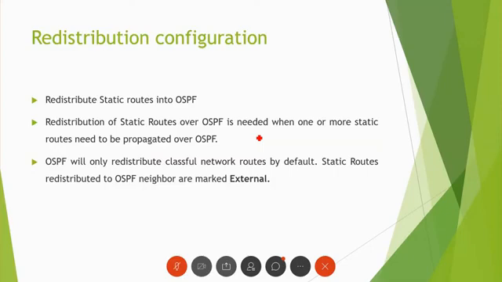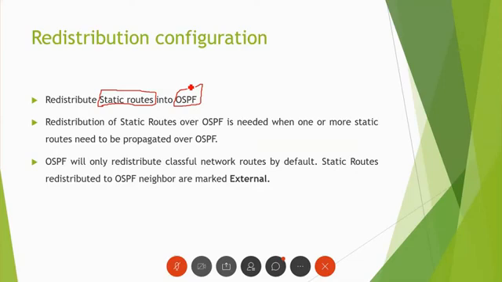So we're going to now look at the first example of how to configure redistribution of a static route into OSPF. One is a static routing protocol, the other is a dynamic routing protocol. Static routes do not have any metric.